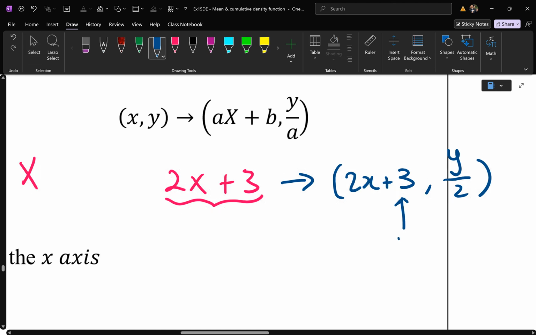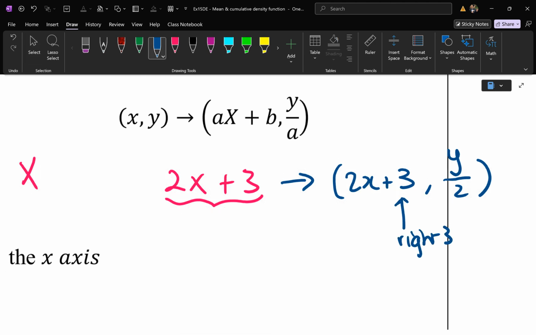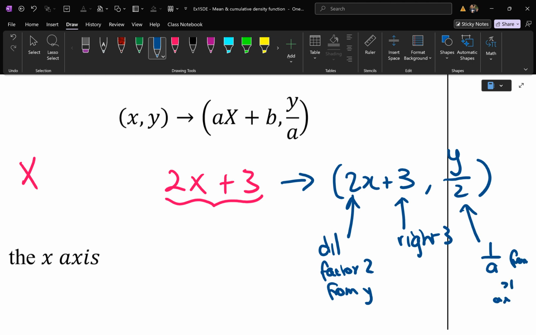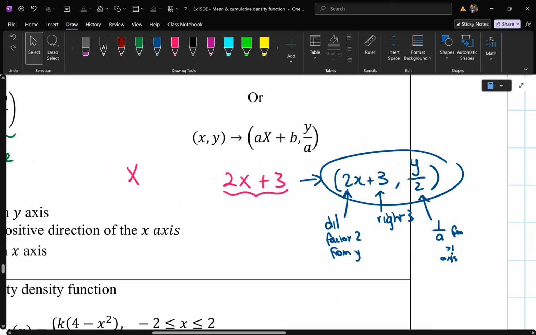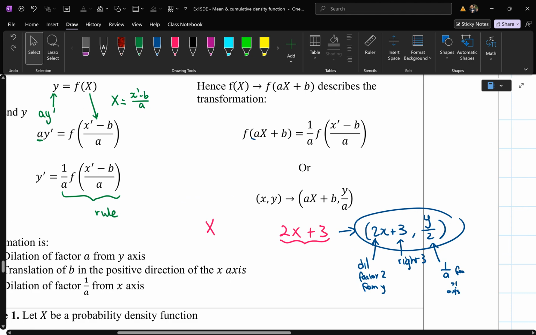So this actually means right by 3, and that actually means dilation of factor 2 from the y-axis, whilst this is dilation of factor 1 on a from the x-axis. Okay, so you literally read this part of the transformation.